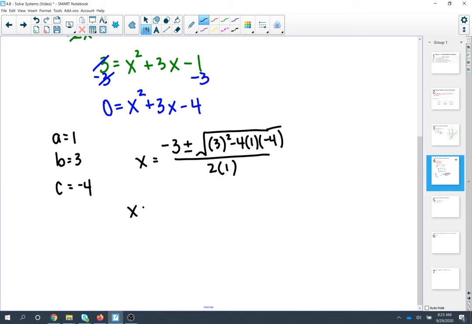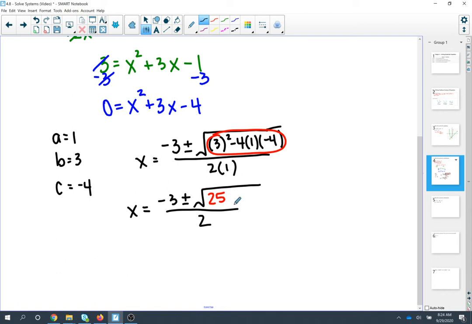Then I'm going to clean that up. x equals negative 3 plus or minus the square root. Then I'm going to grab my calculator and see what I get there. So 3 squared minus 4 times 1 times negative 4 is 25, all over 2 times 1, which is 2.